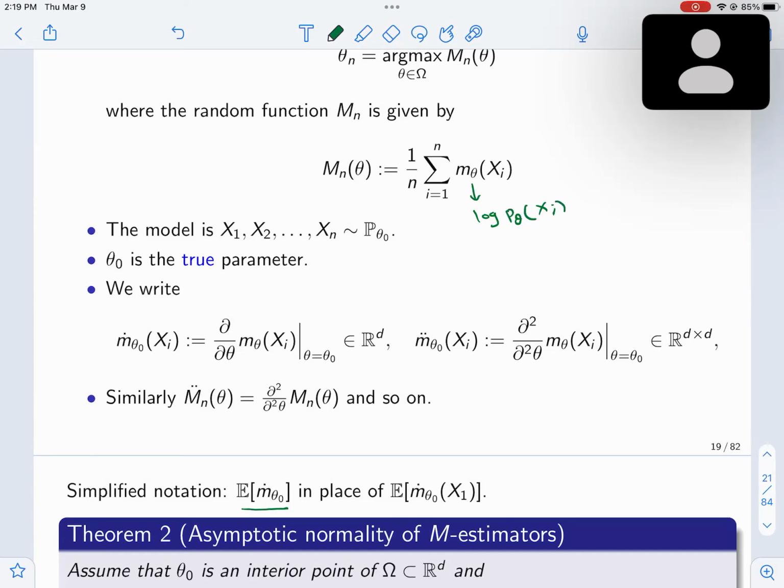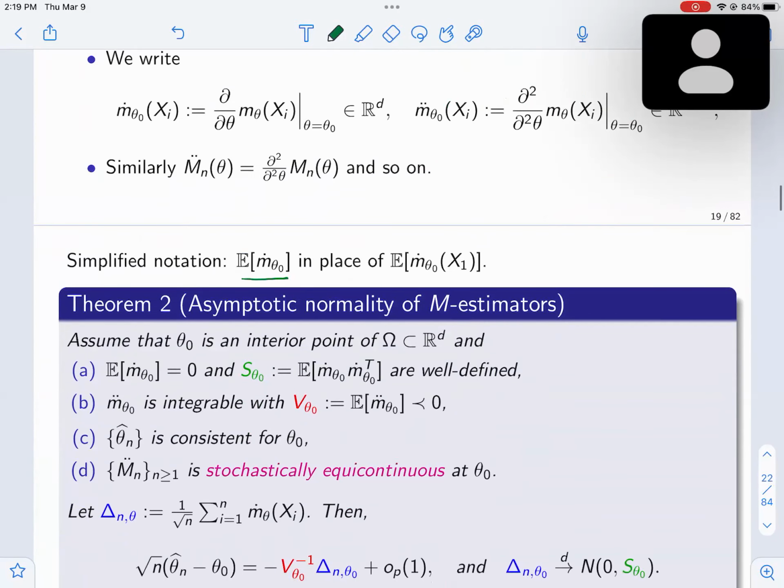Then m dot theta naught of xi, what would this be called? Score function, yeah. We have seen that under the regularity assumptions, the ones that we had for the Cramer-Rao bound, the score function has zero mean. So this makes sense.